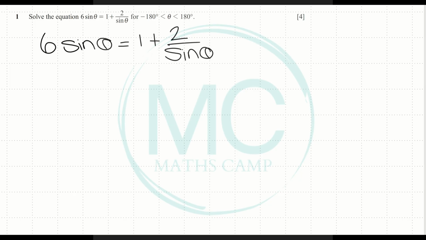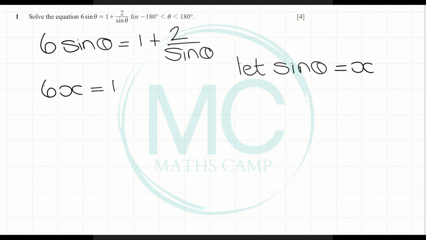Now, if you battle with trigonometric ratios in your equation, you can substitute the ratios for x. So let's say let sine theta be x, and our equation becomes 6x is equal to 1 plus 2 over x.